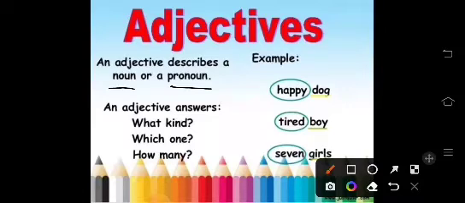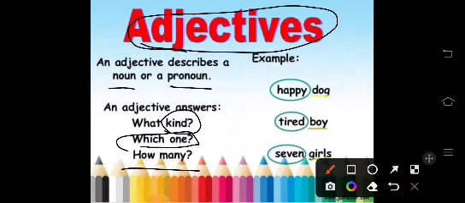That is called a noun. And in order to avoid the repetition of nouns, we use pronouns. So the words that describe a noun or a pronoun regarding what kind of it is, which one we are talking about, and how many there are, meaning any extra information about that noun or pronoun, are called adjectives.